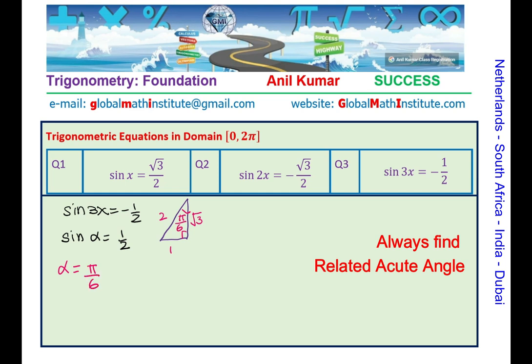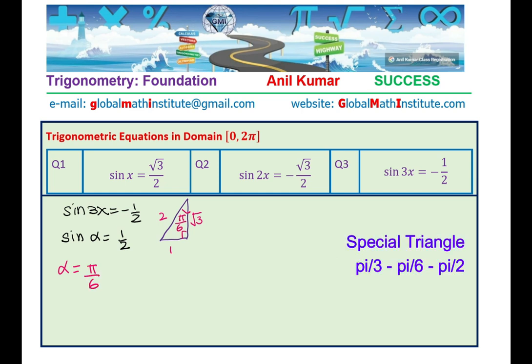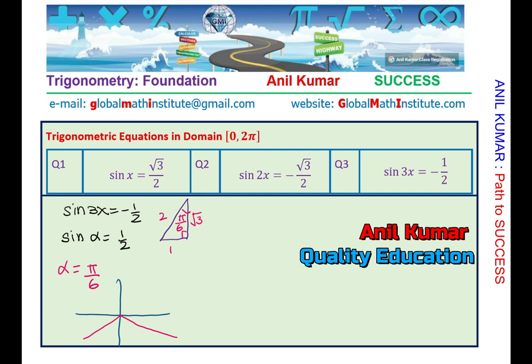Now we are looking at negative, right? Therefore, I will squeeze in this time so that we have enough space to work on. So pi by 6, negative means we are looking for answers in quadrant 3 and 4. So those are the solutions. One of them is this and the other one is this, correct?